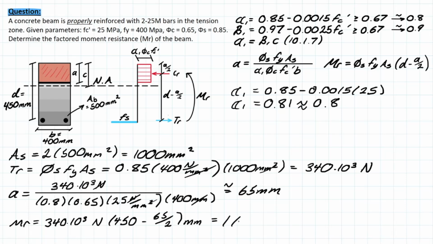Solving for that, you're left with 141.9 times 10 to the 6 Newton millimeters, which in kilonewton meters is approximately 142, which is the typical unit convention for these moment resistance problems. All right, so that's it.